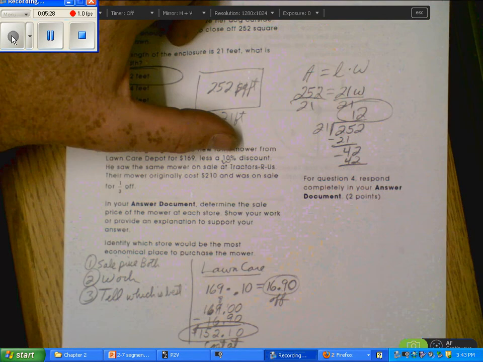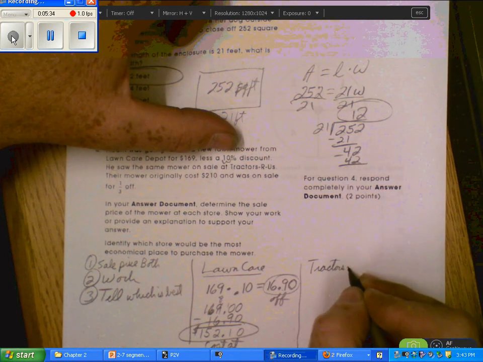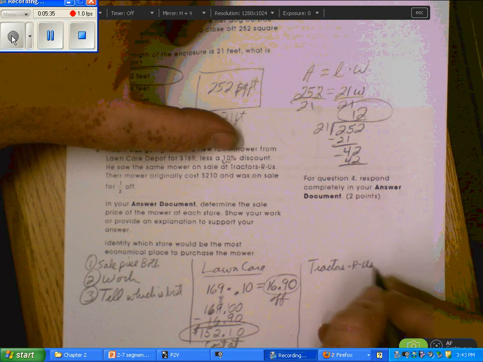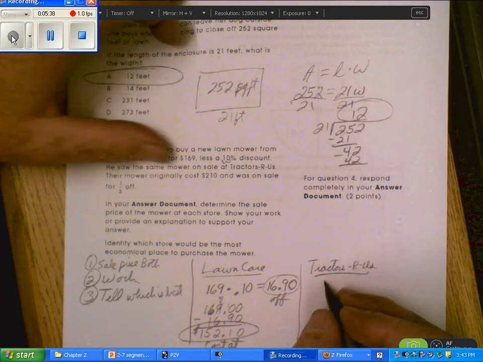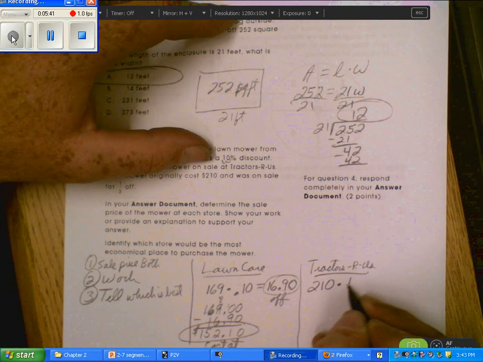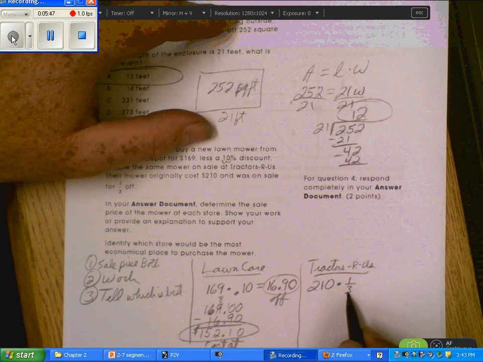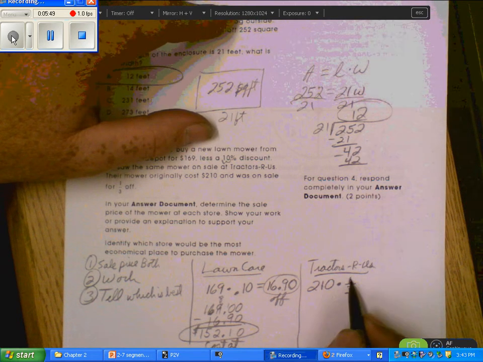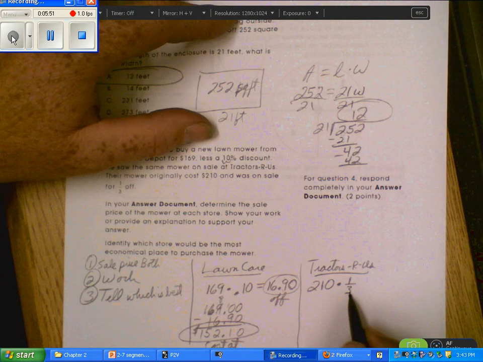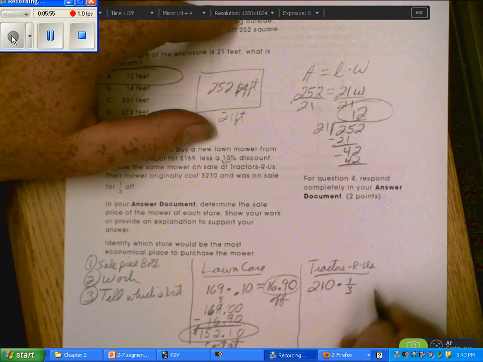Now we want to find the cost at Tractors R Us. Originally it cost $210, and we multiply that by the 1/3. When you're multiplying a whole number times a fraction, you just multiply by the top and then divide by the bottom. 210 times 1 is 210, then divided by 3. 210 divided by 3 is 70.